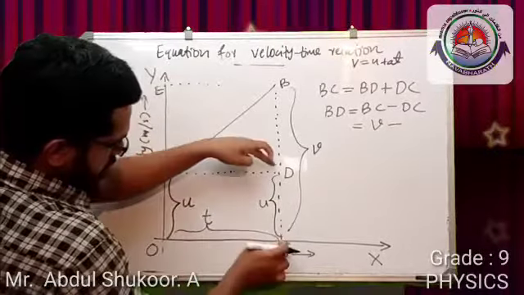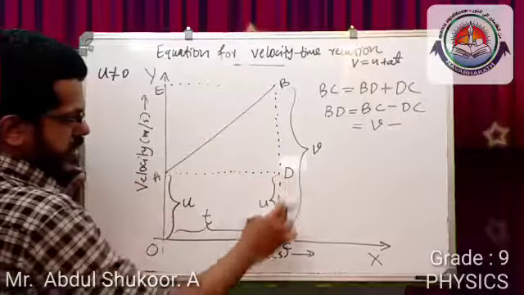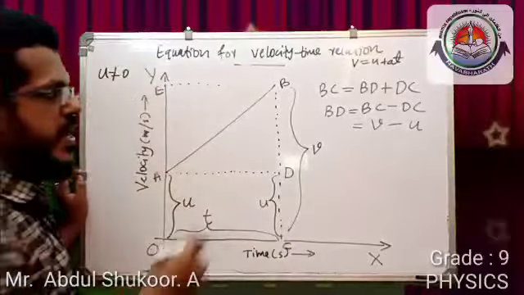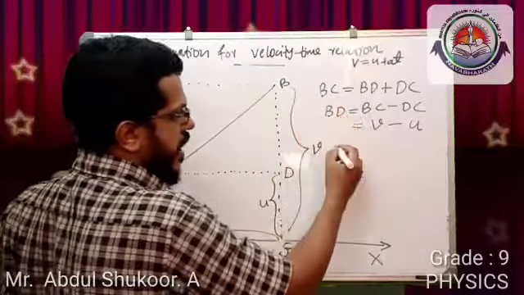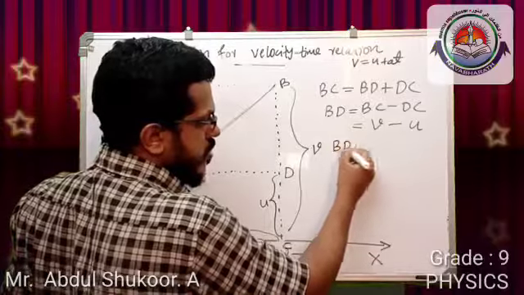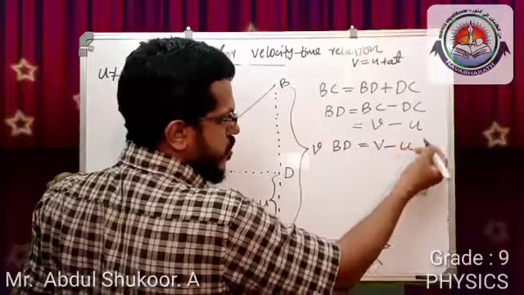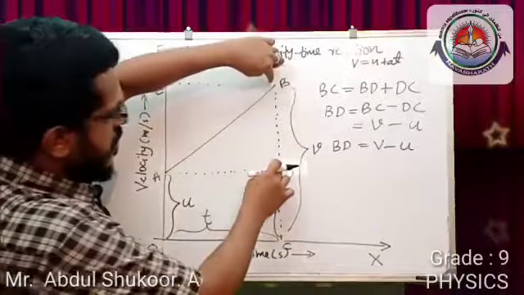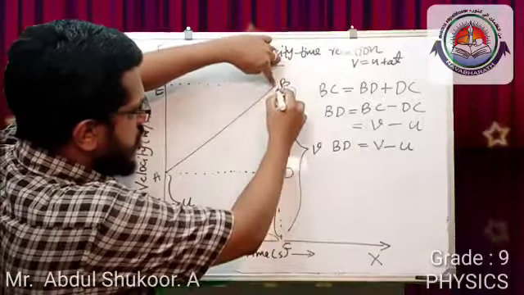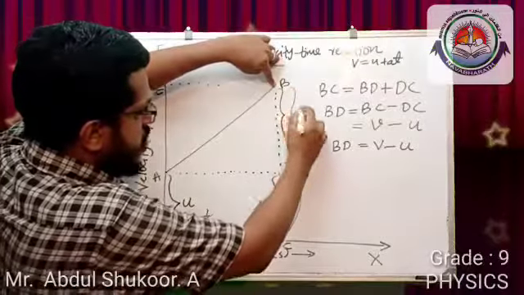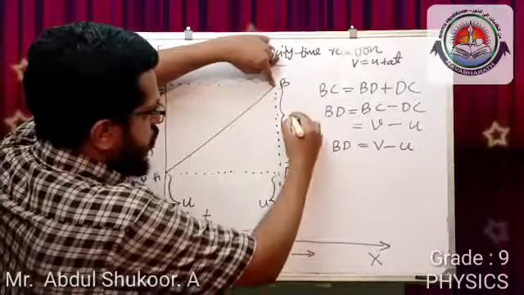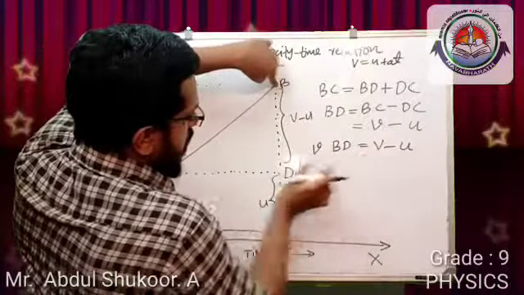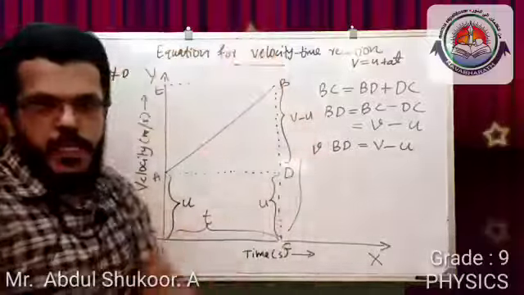That's why DC is equal to u. So from this we obtain that BD is equal to v minus u, that is the change of velocity. This length BD is the change of velocity, that is v minus u.